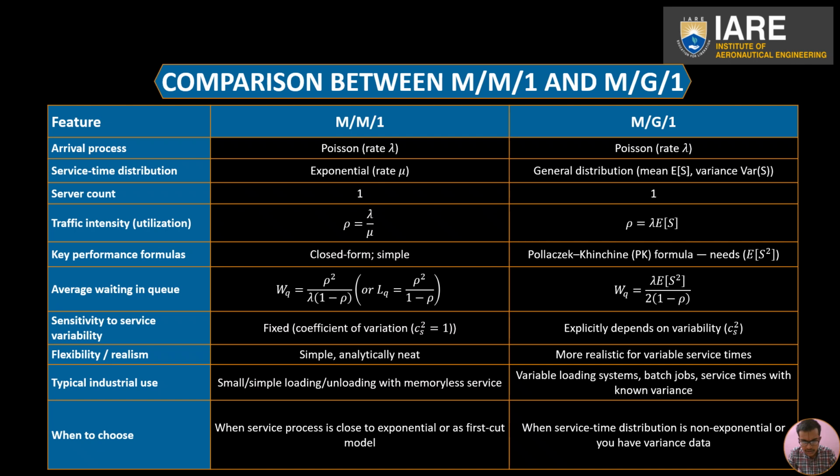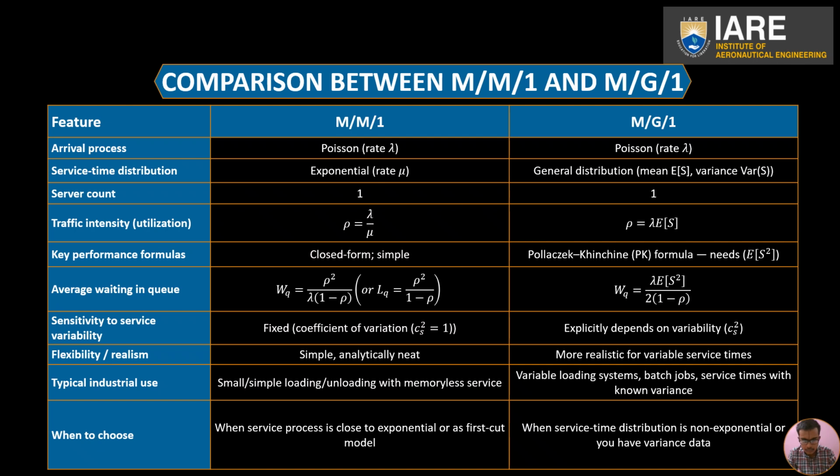For MG1 it is more realistic for variable service times. Typical industrial use. For MM1, small or simple loading or unloading with memoryless service. For MG1, it is variable loading systems, batch jobs, service times with better known variance.